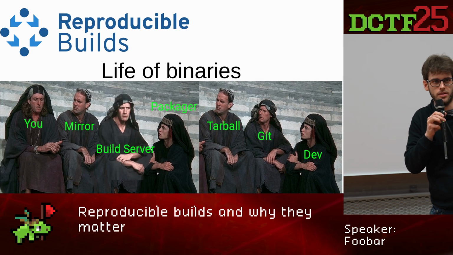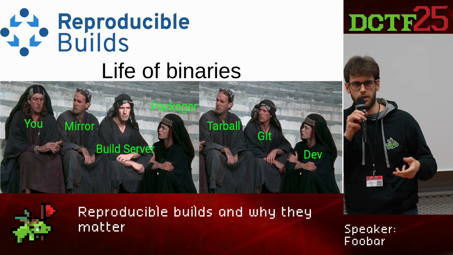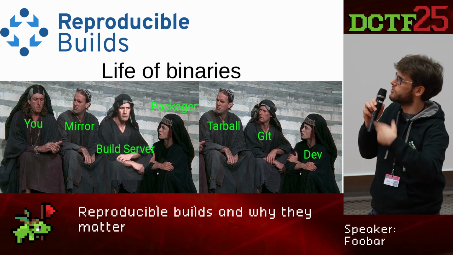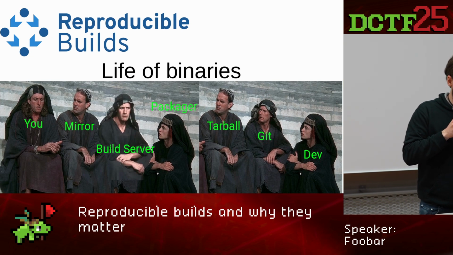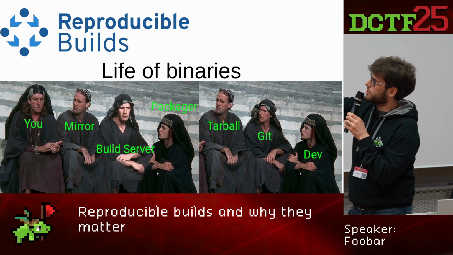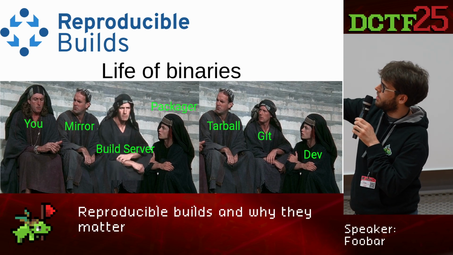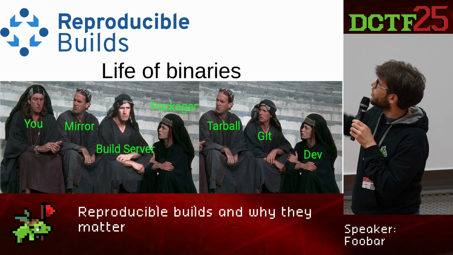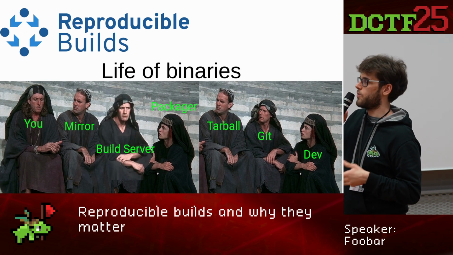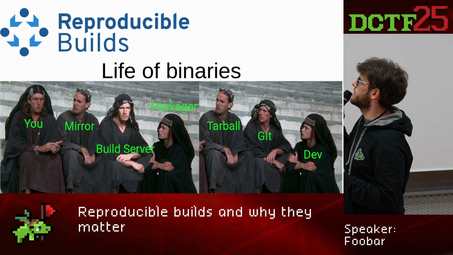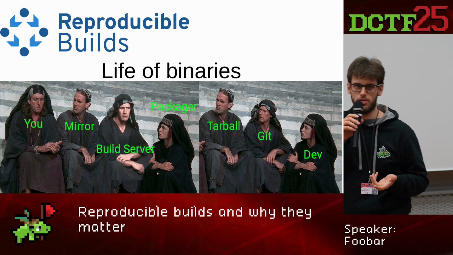So when you say apt install and pick a package, it goes to a mirror, finds the package, downloads it, and you get that binary. So this is the current supply chain from source to binary. And in most of these steps, we already have existing solutions that we use or can use to protect the integrity of the code.